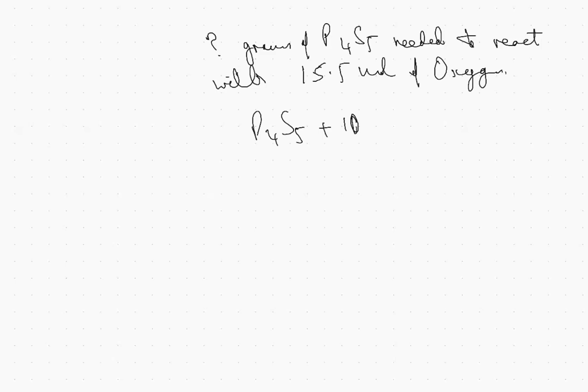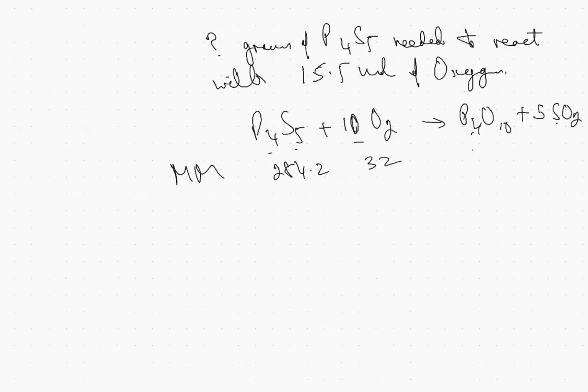Let's balance: P 4, 4, S 5, 5, oxygen 10, 10, 20. Then the molar masses are given: 284.2, 32, 443.9, and 64.06. So they're asking how many grams of P4S5 are needed to react with 15.5 moles of oxygen.